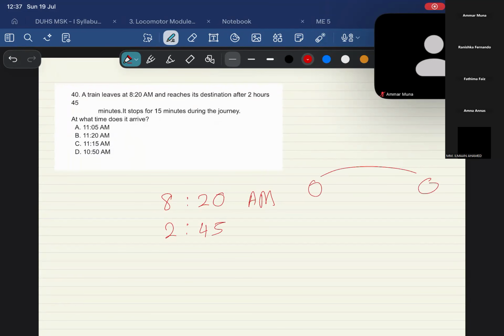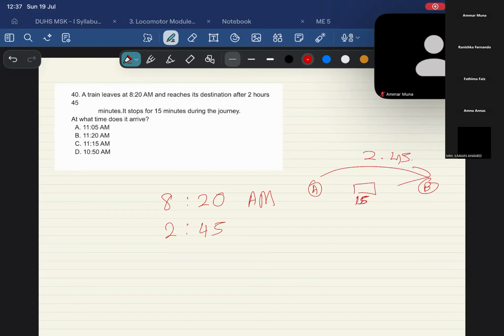From one place to another, it already goes there in 2 hours and 45 minutes. But the statement also says it stops for 15 minutes during the journey. During their journey from this point to this point, they had stopped here for 15 minutes.